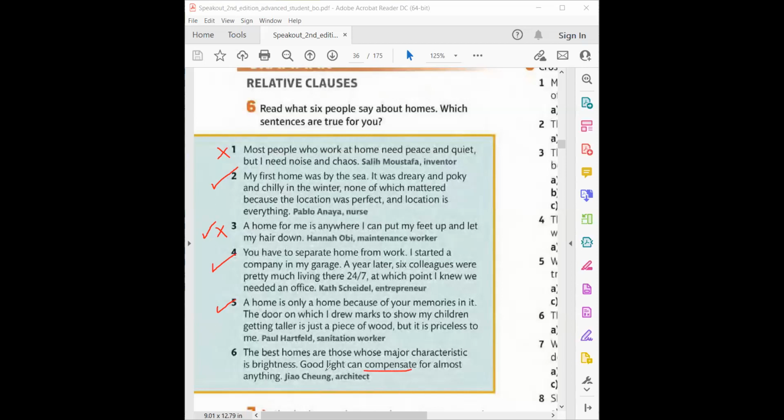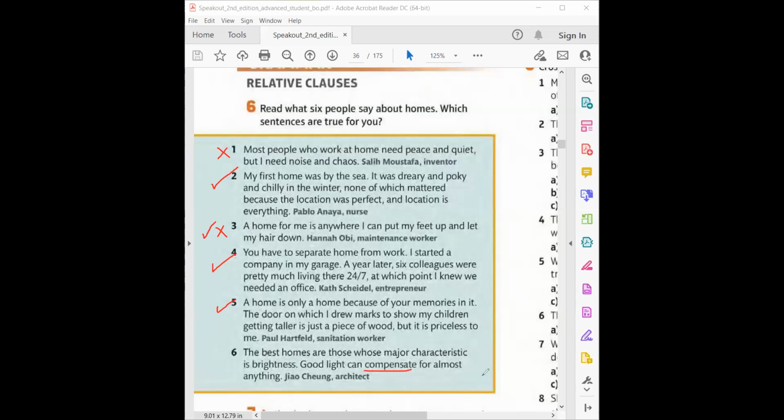Interesting. So here I think this is a little bit confusing. We can read it one more time. The best homes are those whose major characteristic is brightness. Good light can compensate for almost everything.